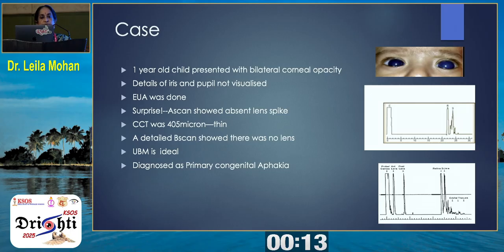So I just want to say, this child was brought with bilateral opacity, EUA was done, and in every case we do an A scan to note the axial length. When the A scan was being done, we didn't see the lens spike. So UBM was done again after that, and the lower figure shows the lens spike.